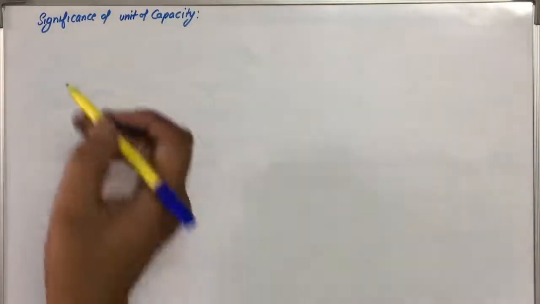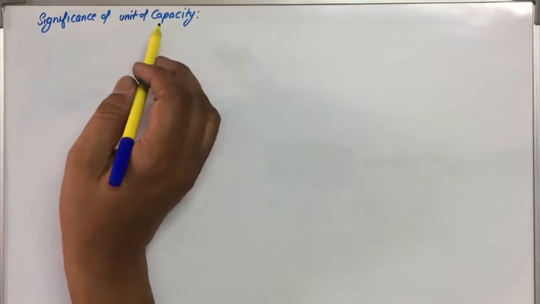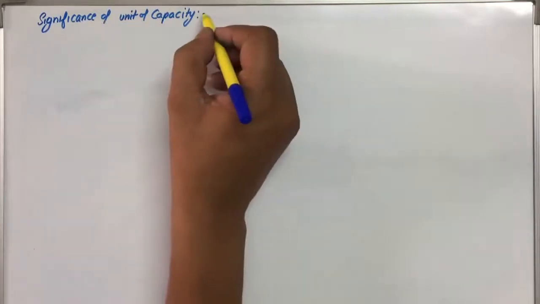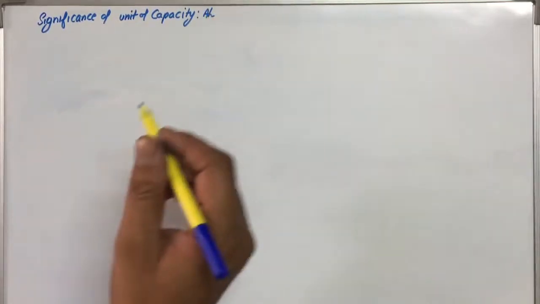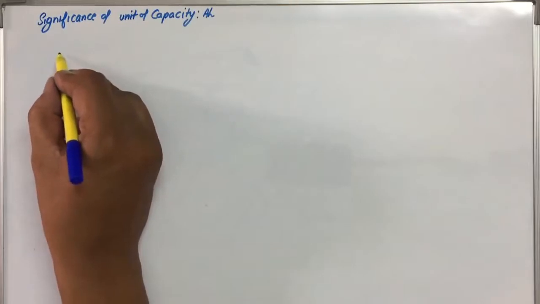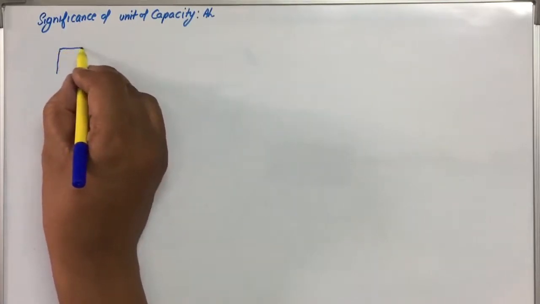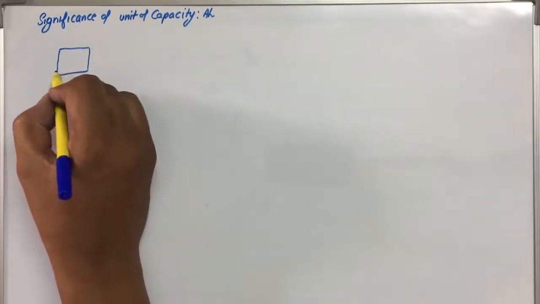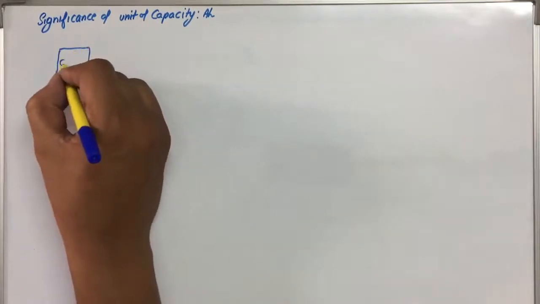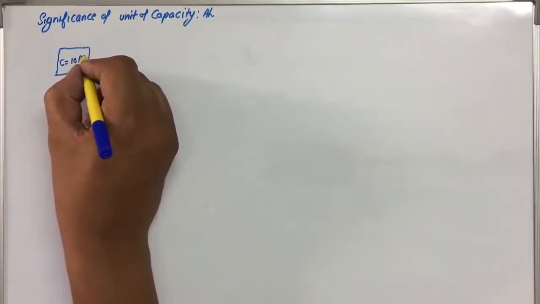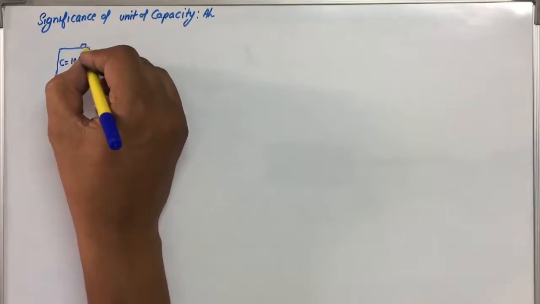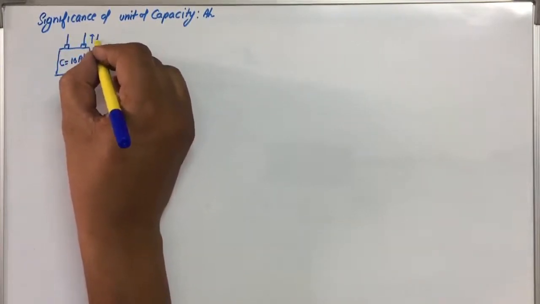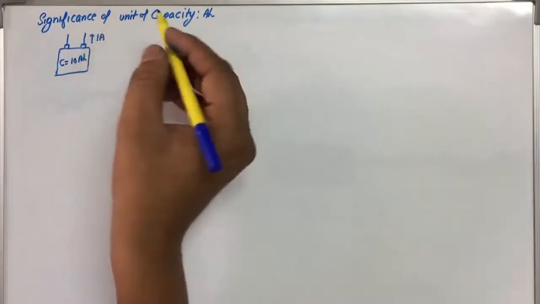Now let us see the significance of the unit of capacity, that is ampere hour. For example, there is a battery that has a capacity of 10 ampere hour and it delivers 1 ampere.